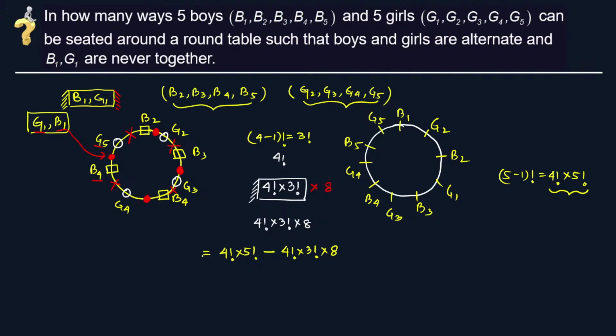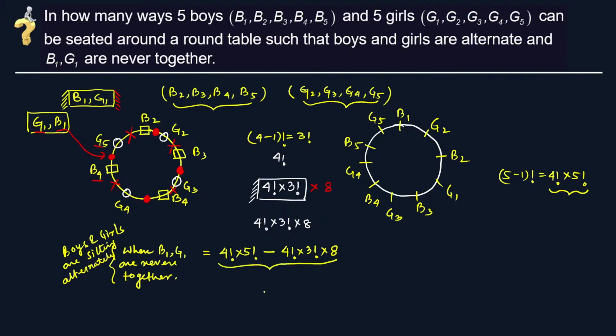So that gives us the number of ways when B1, G1 are never together. Getting my point? But all boys and girls are sitting alternately, and B1 and G1 will never be together. It will be factorial 4 into factorial 5 minus factorial 4 into factorial 3 into 8.